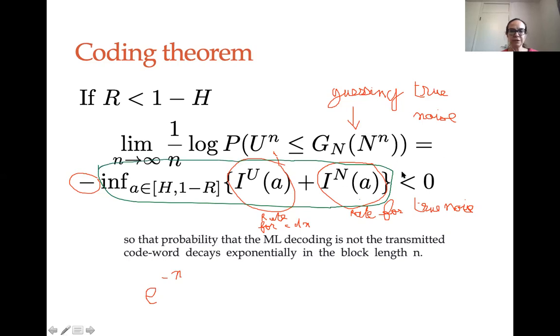Let me call this for the time being rho. e to the minus n rho is roughly going to be equal to the probability of an error, which is that the first guess of a code word difference noise occurs before the guess of the actual true noise.